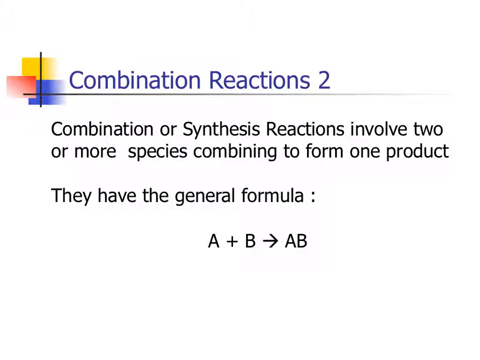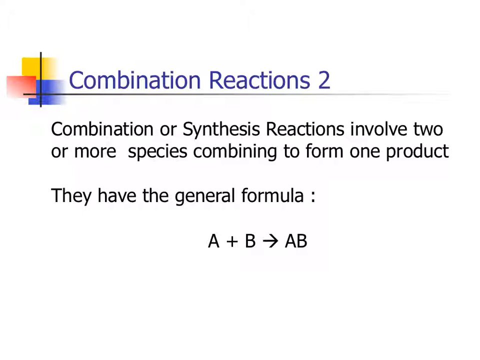A combination or synthesis reaction has a general formula seen here as A plus B gives us AB. Now the A and the B are just generalizations of elements and or compounds and do not actually mean that A is a certain specific element or B is boron. These are just general formulas.